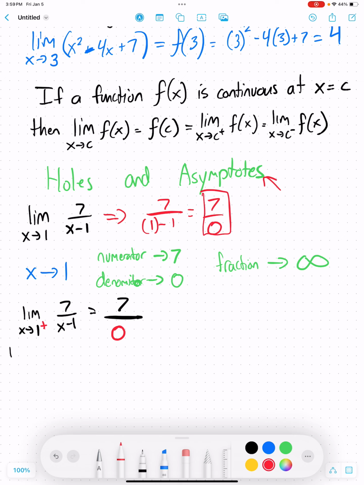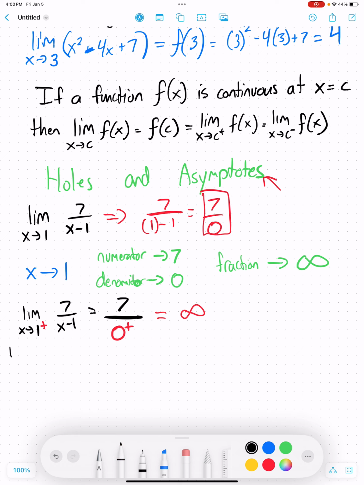But I'm approaching from numbers that are positive, because any number I plug in that's greater than 1 is going to give me a positive value in the denominator. 1.1 minus 1 is 0.1. 1.01 minus 1 is 0.01. So all of my numbers, as long as I pick numbers greater than 1, are going to give me a positive value in the denominator. What does that tell me? That tells me that this limit is positive infinity because both the top number and the bottom number are positive.